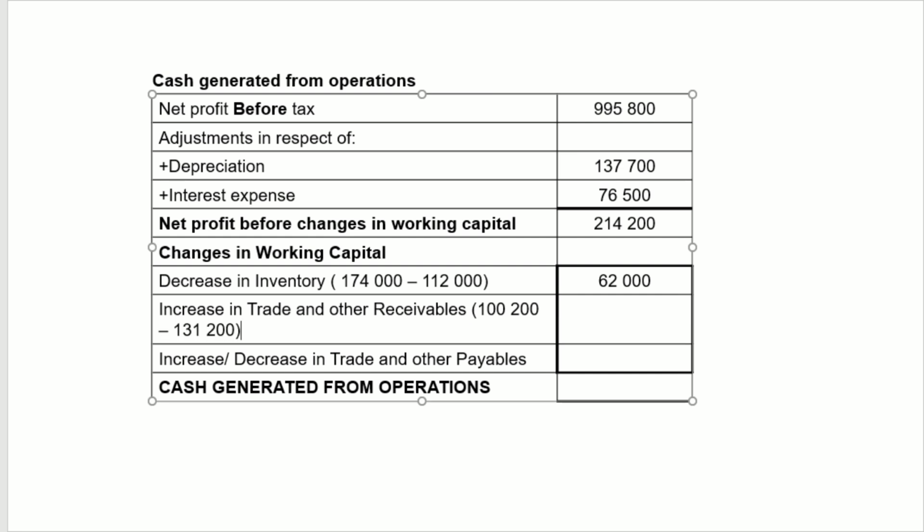Right, then after so doing, you're going to get your amount as 31 thousands. So over here we're gonna have 31 thousands. So bear in mind what I said, that this will be an outflow of cash, meaning that it's supposed to be in brackets.